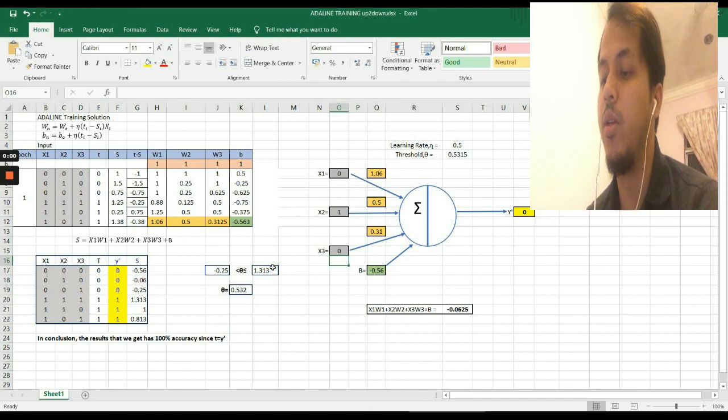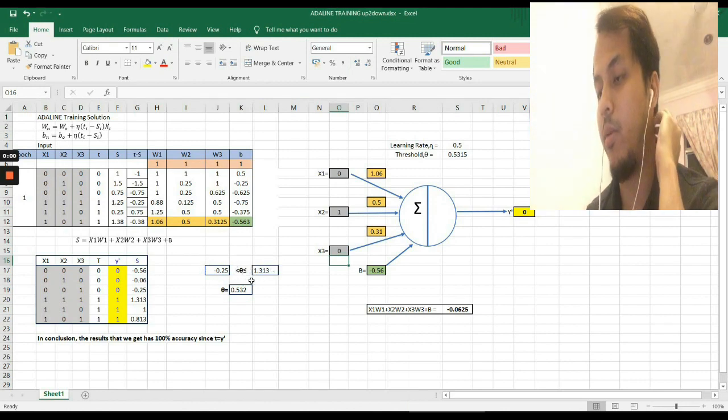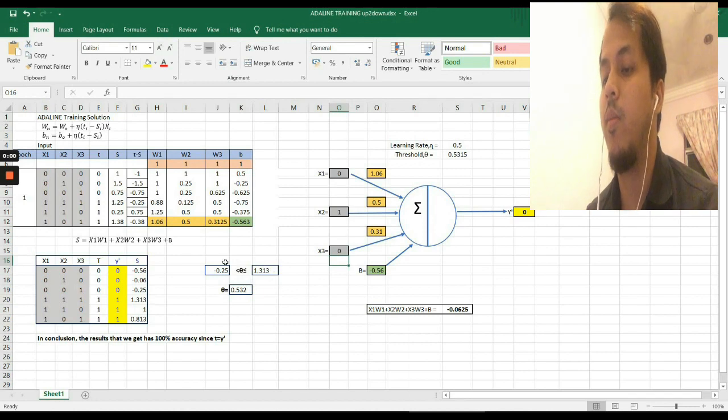The calculation we do is we take this value and we minus with negative 0.25, add them together, and we get the answer at the theta.